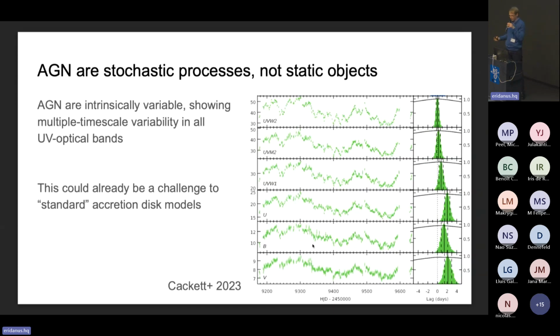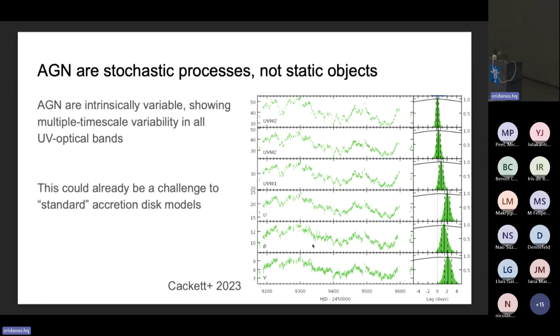So that AGN is intrinsically variable, but it's intrinsically variable on multiple timescales, right? You can see night to night, hour to hour, you've got variation, but then you've also got long-term trends over hundreds of days timescales, right? And so these are complex processes. There's different things going on at different times. And so LSST is going to be great for this, right? Because you're going to have this cadence from sort of hours difference up to 10 years, which is going to allow us to probe some of these timescales.